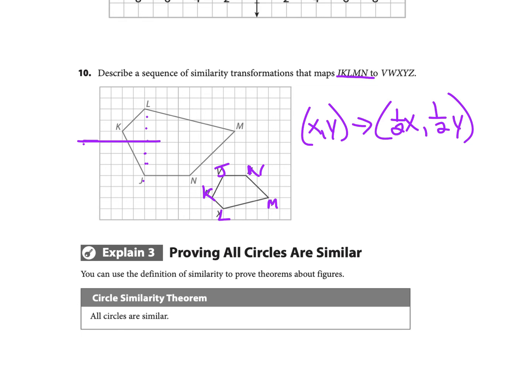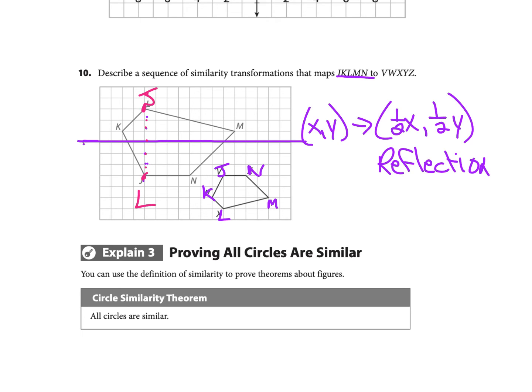If we reflect it over this line, and I'll put that in pink. 1, 2, 3. So 1, 2, 3. That puts J up here and L down here.